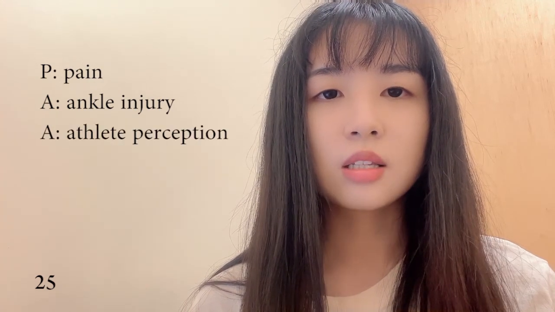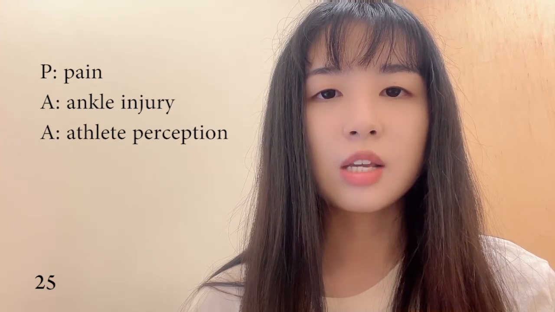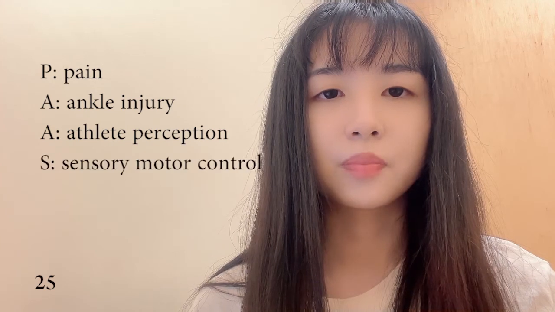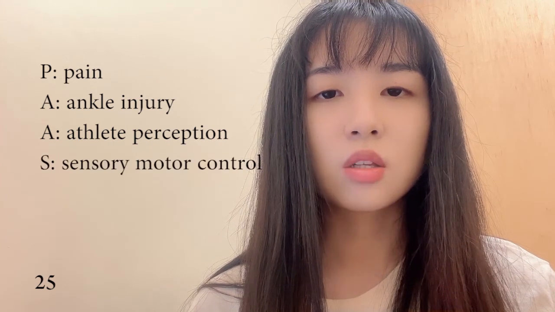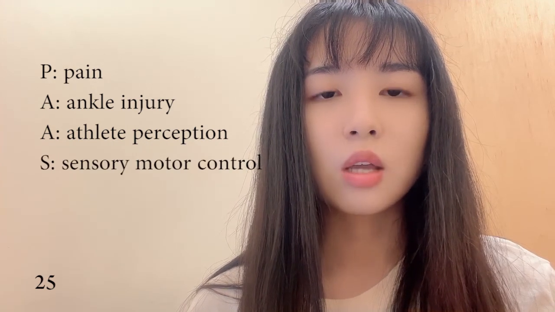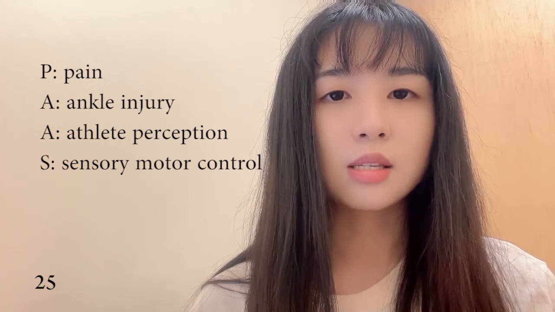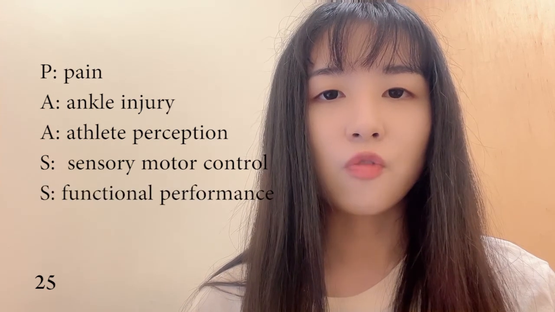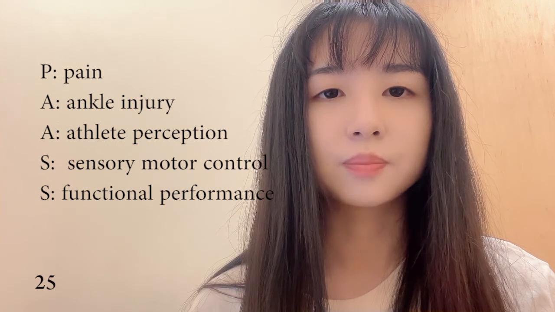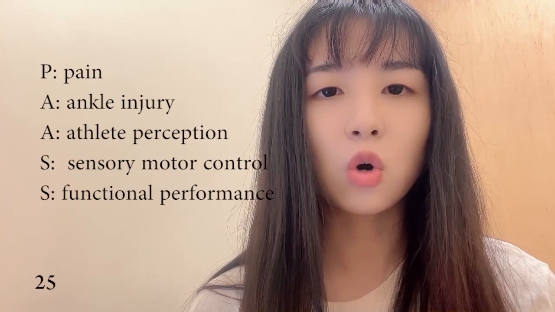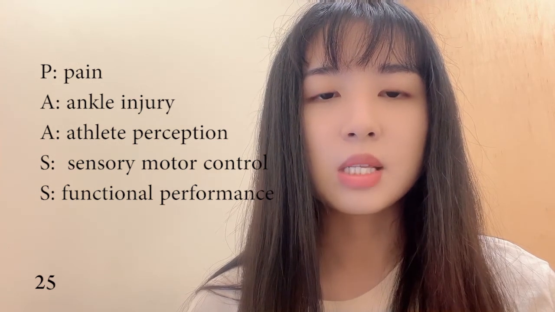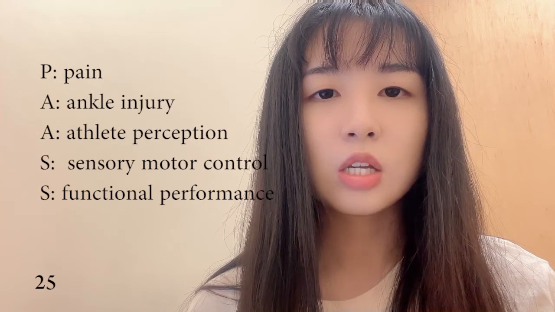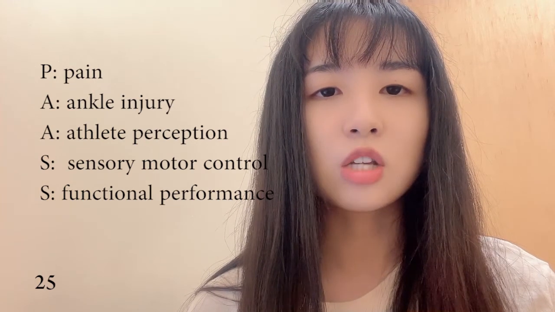The second A for athlete perception includes perceived ankle confidence. The first S for sensory motor control includes proprioception and balance, and the second S for function performance includes jumping, hopping, and sports-specific training and ability to complete a full training session.